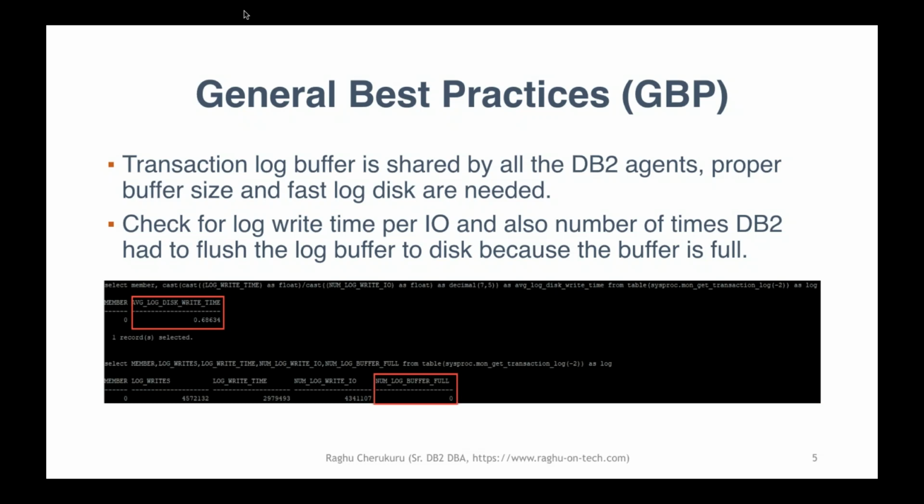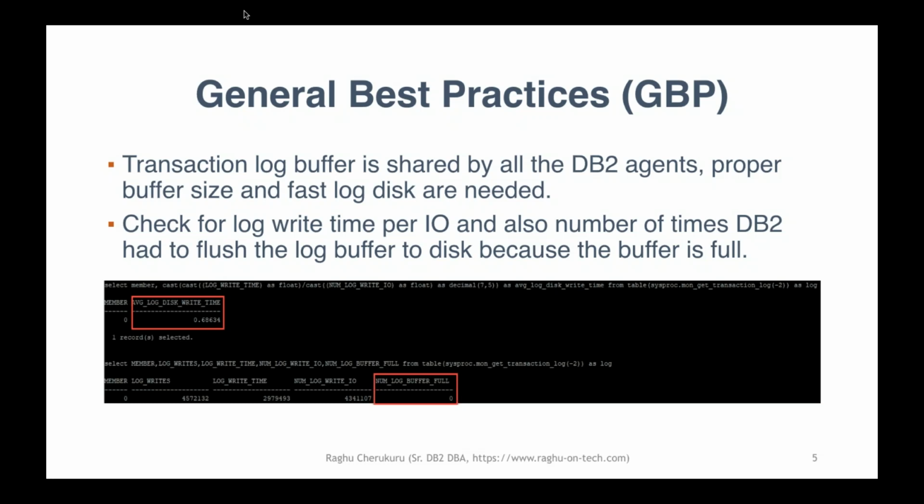For example, in a DPF environment, when you're using intra-parallel, a query can be serviced by multiple sub-agents. But unlike those parallel things, there are some things that are serial, meaning there is only one thing in your DB2 system that can potentially cause a bottleneck. One of those is the log buffer. You need a good enough size log buffer, and an attached transaction log disk, for your transactions to run smooth and fast.